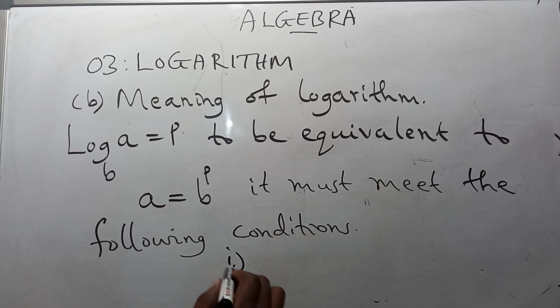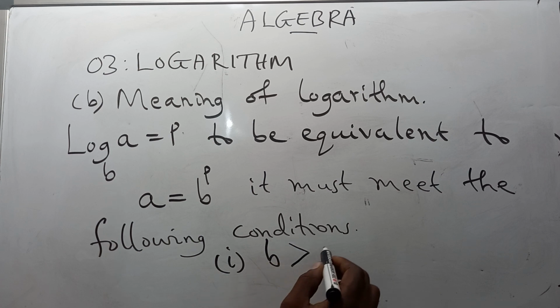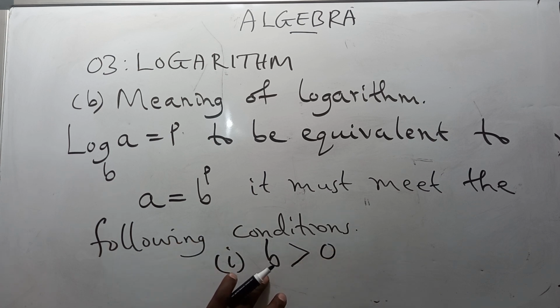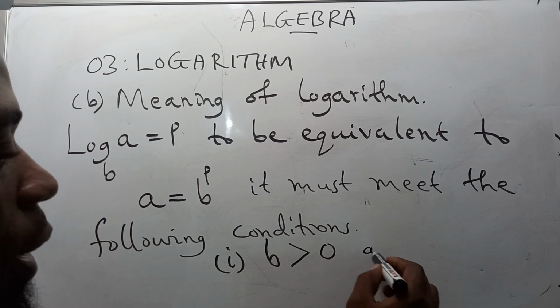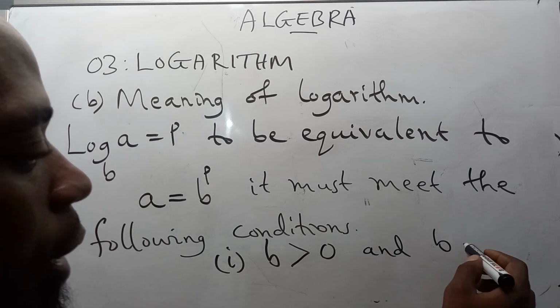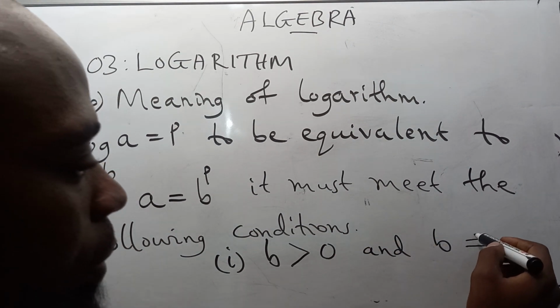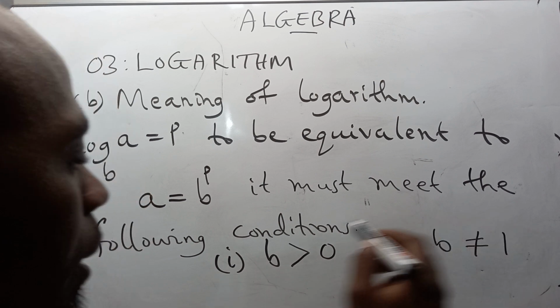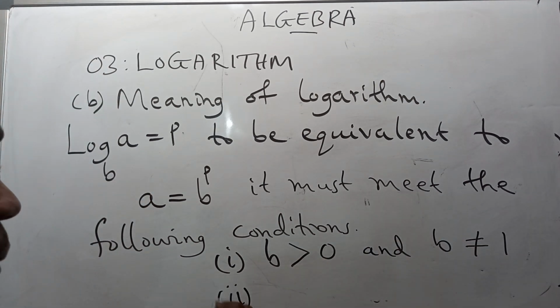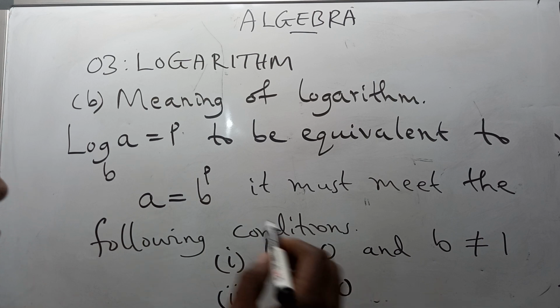First condition, base must be greater than 0. This is true for all positive number greater than 0 except base equal to 1. So for all positive numbers, base is not equal to 1. As well, given number A is greater than 0.